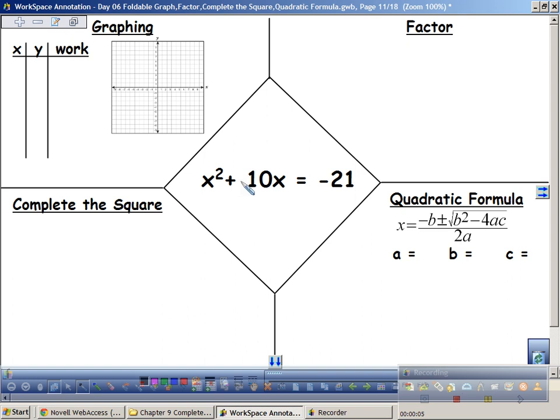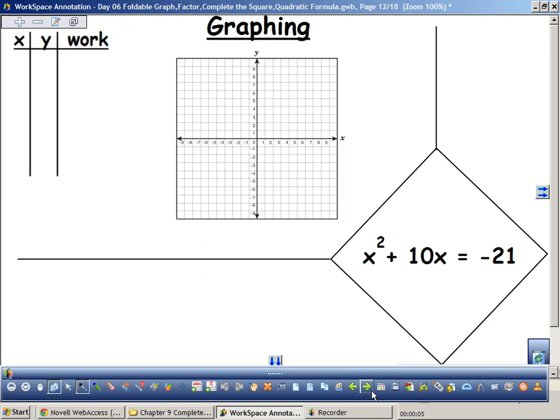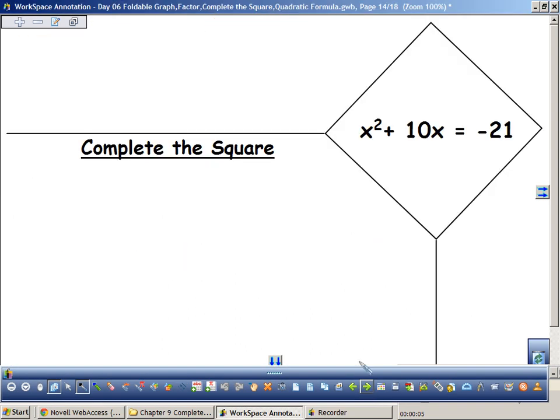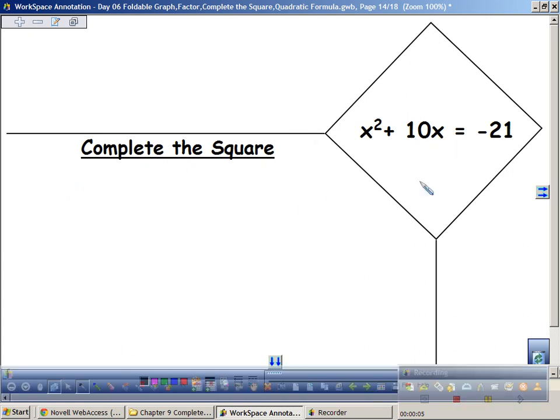But before we find C, don't we move C over to the other side? Well, we already did that on this one. So I'm going to start at completing the square. Okay? Everybody agree? Okay, so step one in completing the square is move C.